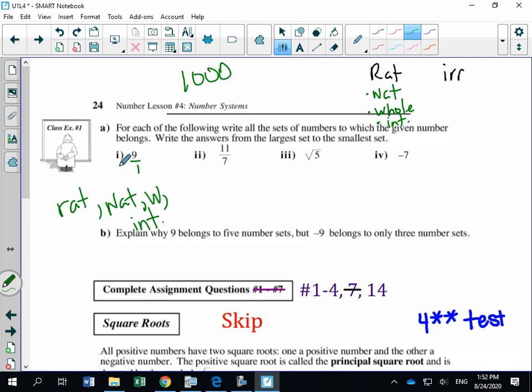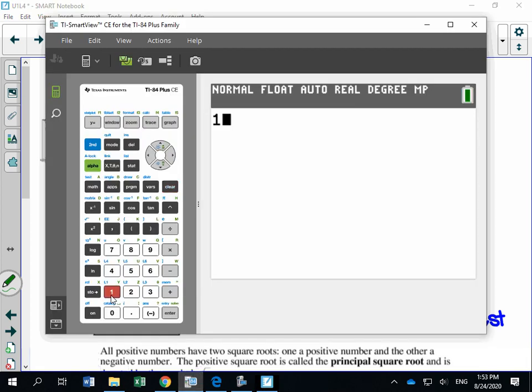So number 9 on a test would be worth either 4 marks or 0.5, 0.5, 0.5, and 0.5. This guy here, I know right away it's a fraction. This is going to be rational. I don't care what the decimal is, it's rational. Let's look at the decimal. 11 divided by 7. It looks ugly, but there's going to be a repeat in here. 571428, 571428.